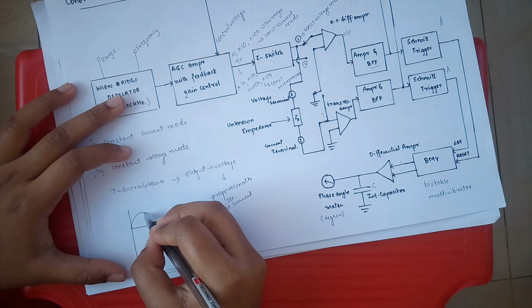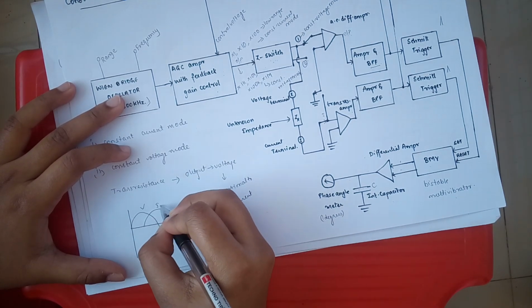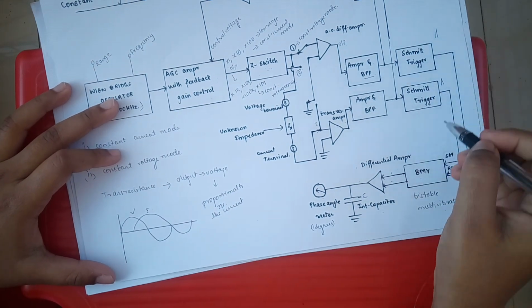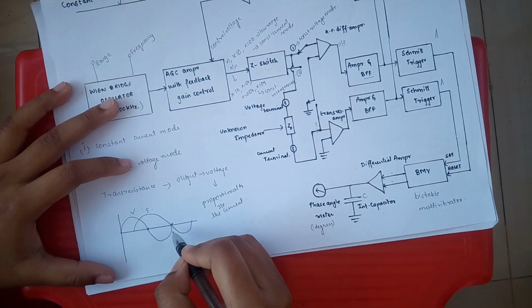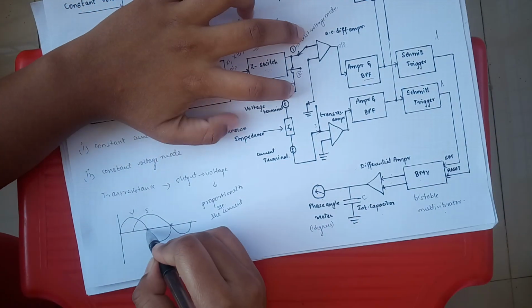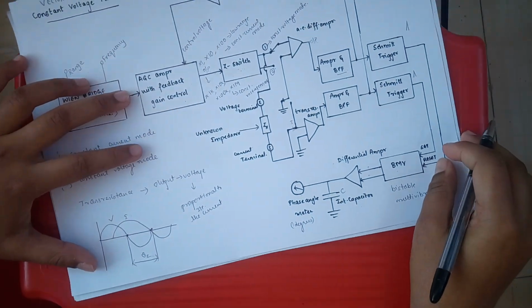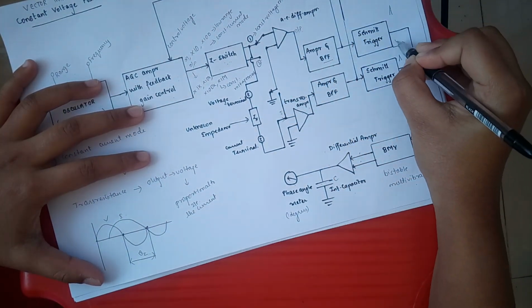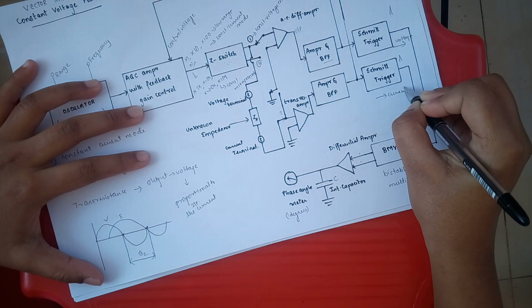Now, finally, to understand how the phase angle is measured, you have a voltage waveform and a current waveform. I told you earlier that the circuit is so designed that the zero crossing is detected by the circuit, and so the phase is measured like this. This is nothing but your theta z. Now, from over here you're getting your voltage waveform, and from here you're getting your current waveform, right?